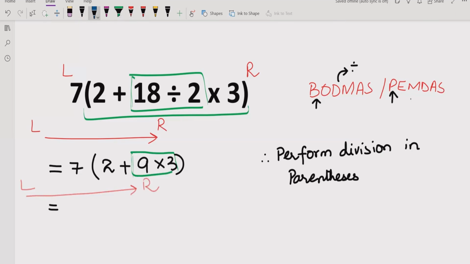So if you see 7 multiplied by 2 plus 9 threes are 27, right? Again, we perform multiplication first.